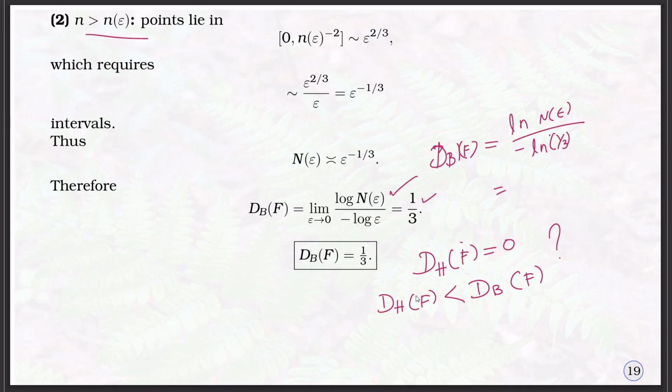Just to recall, in the definition of Hausdorff dimension, we are covering a set by sets of diameter at most delta. That means we can take a closed interval of diameter at most delta.